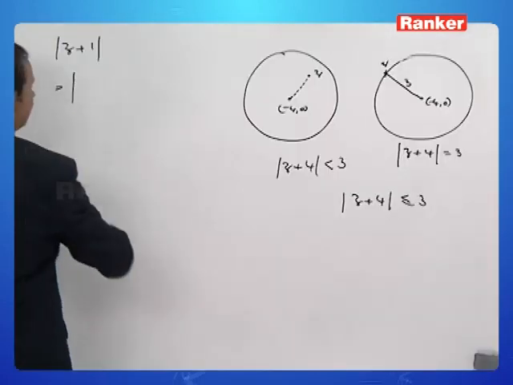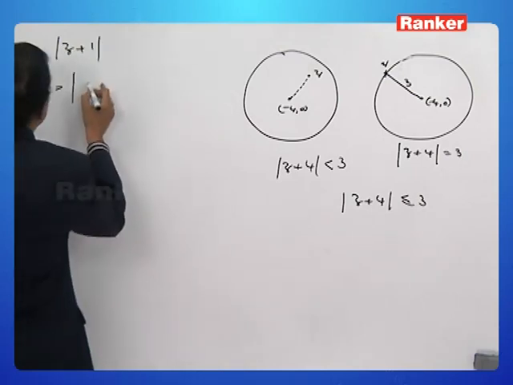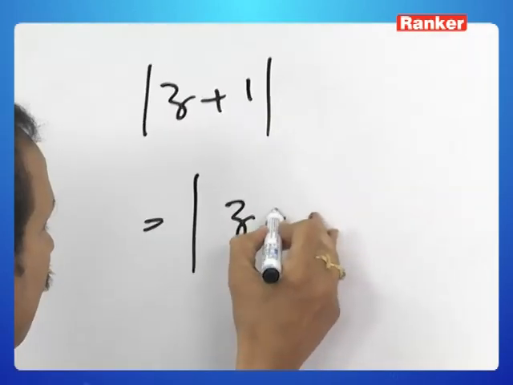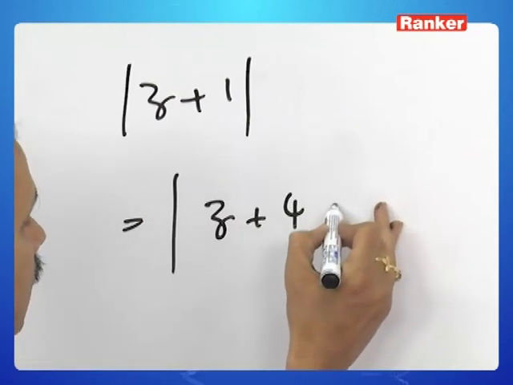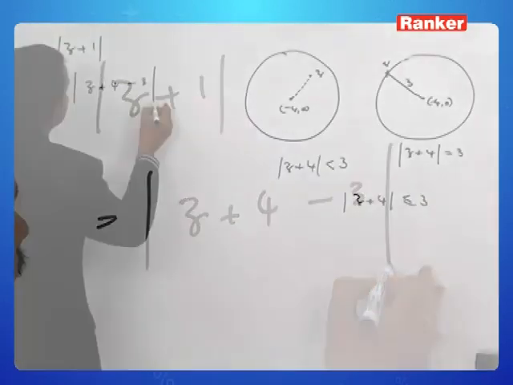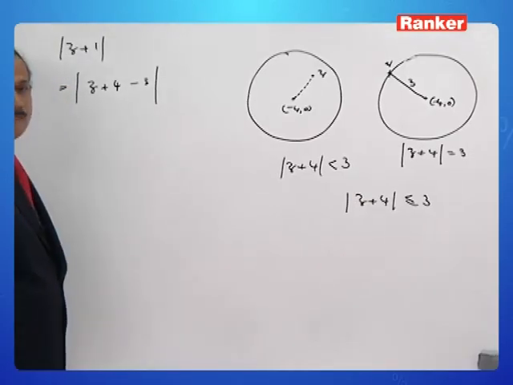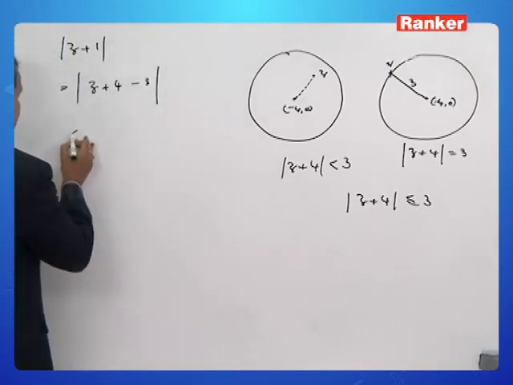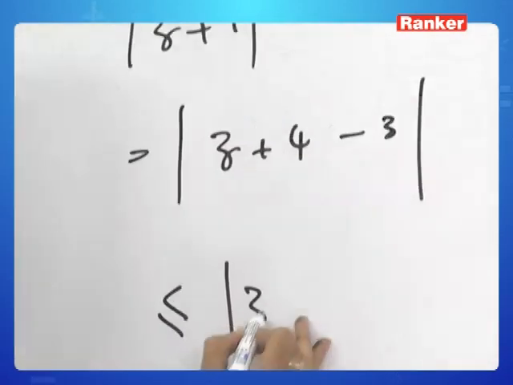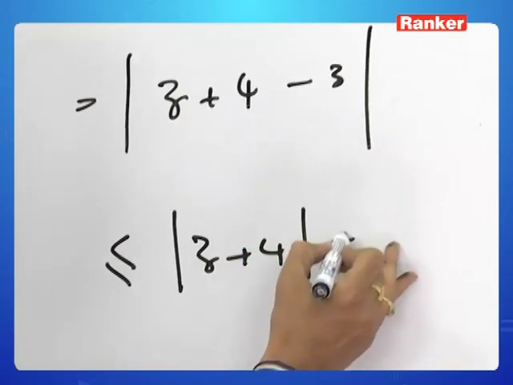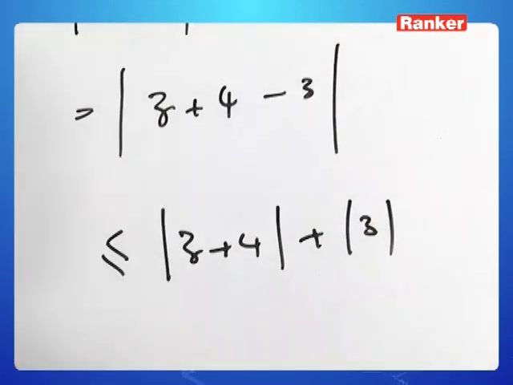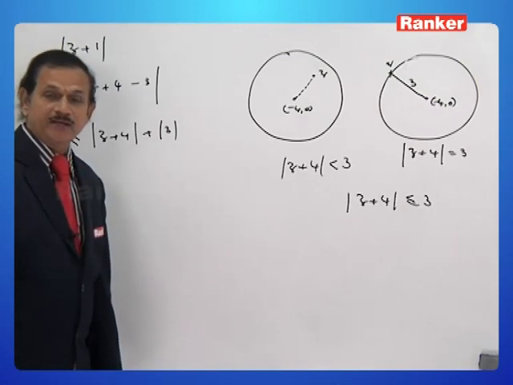This can be written as mod z plus 4 minus 3. Isn't it? 4 minus 3 is 1. This is less than or equal to mod z plus 4 plus mod 3. I think you can agree with this.